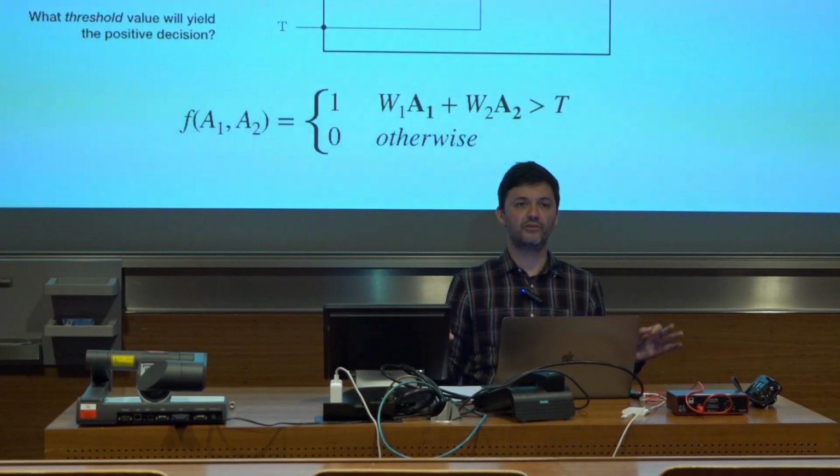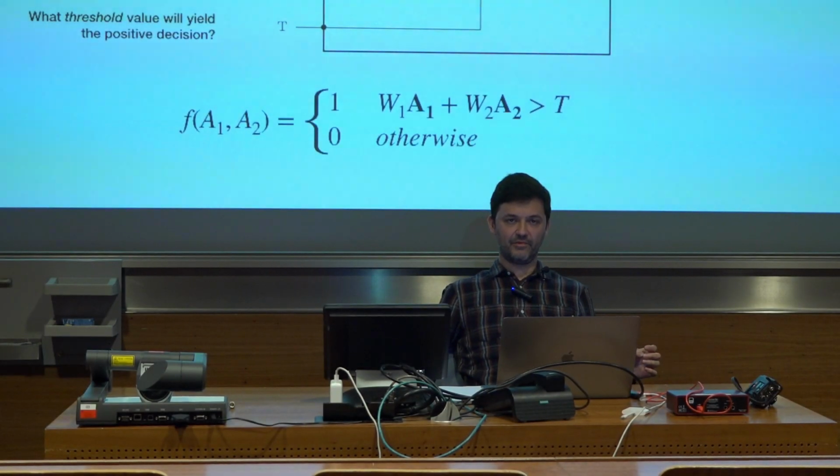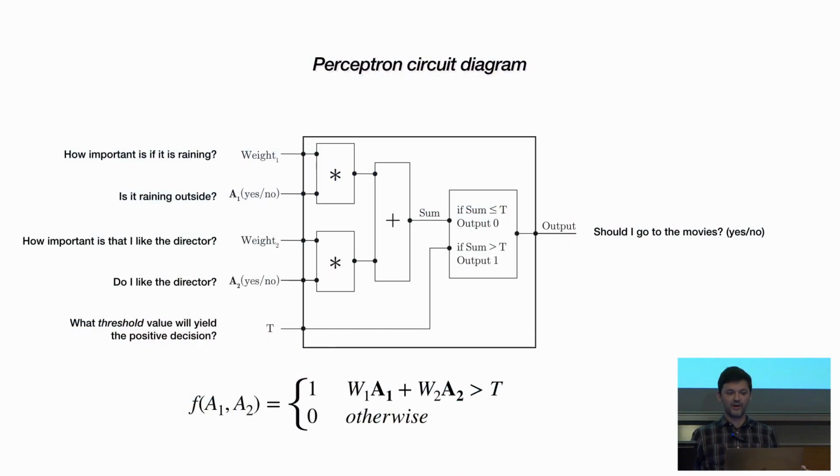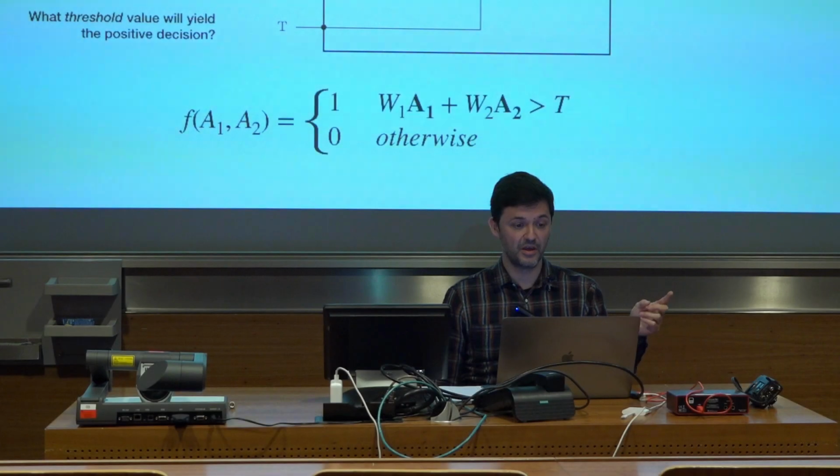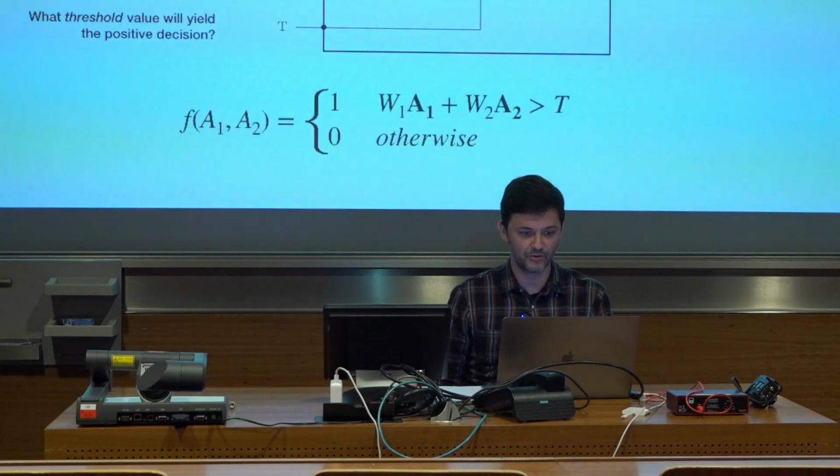Okay, so if you want to write this mathematically, this is a piecewise function, so it might look complicated for you, but it's actually very simple. It's a function of two inputs, and the inputs are actually my yeses or nos. So yes if it's raining, or no if it's raining, and yes, do I like the director, or no. These are A1 and A2.